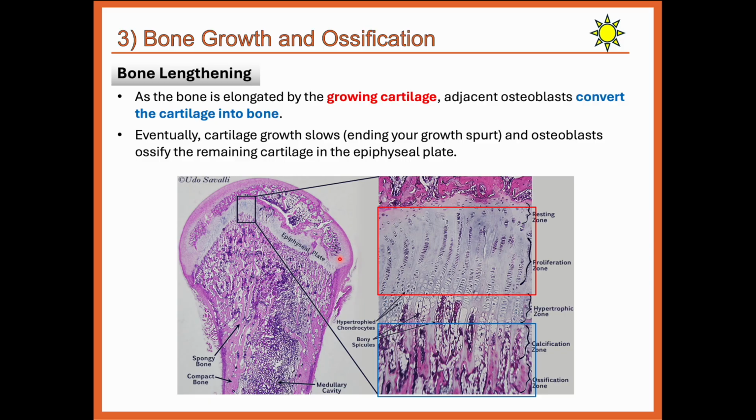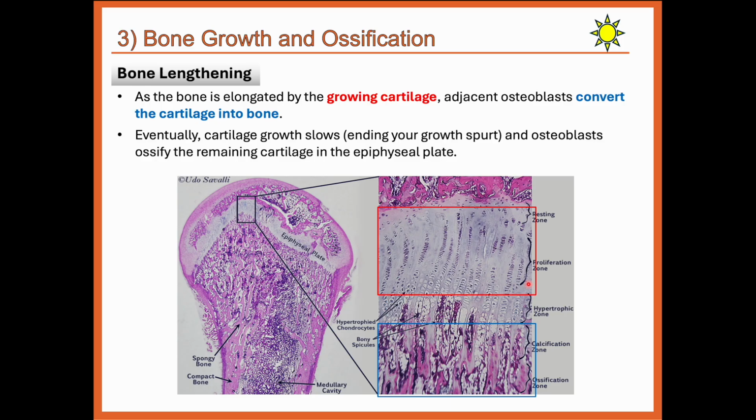Eventually, what I need you to know is that cartilage growth will slow down. At the end of puberty, when hormones stop spiking, cartilage doesn't get those hormones to tell it to go fast, and it starts slowing down, the end of your growth spurt. And so the osteoblasts here that are making new bone and calcifying this, right?